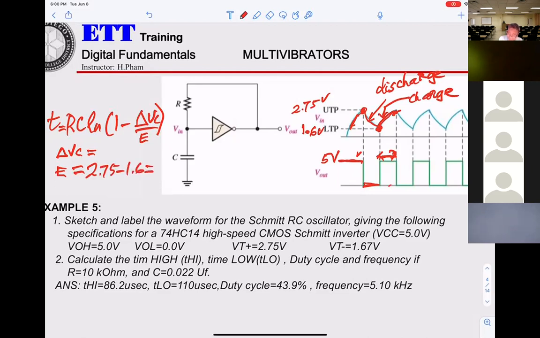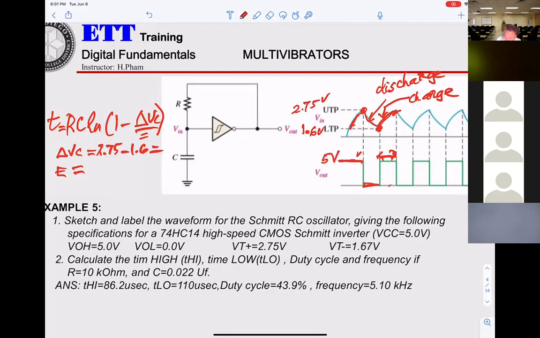Sorry, that should be delta VC. And E means the difference in voltage between the initial voltage and the voltage it is trying to reach.